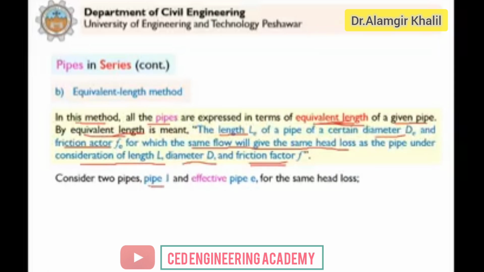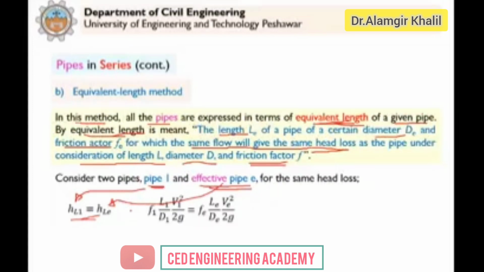One is pipe 1, and the second one is, let's say, the effective pipe E. So for the same flow that will give us the same head loss, what we say is that HL, the head loss for pipe 1, and for any effective pipe that we will consider, this is the head loss through that pipe. So this we represent by this Darcy-Weisbach equation.